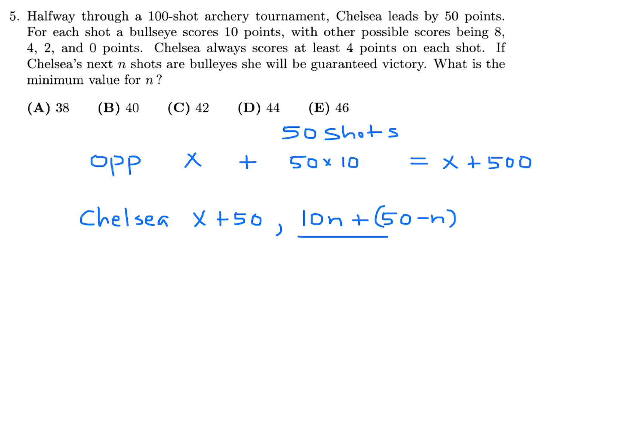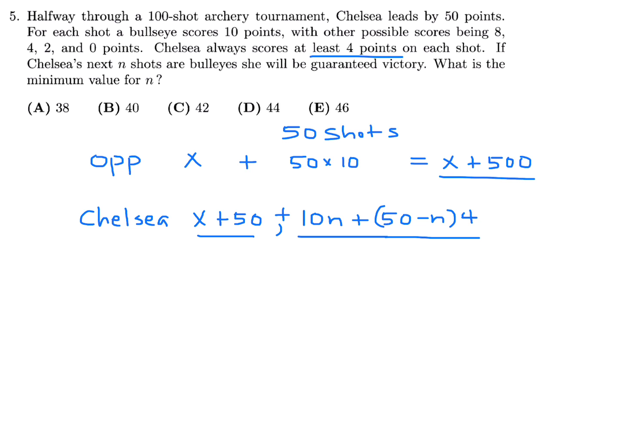And for those, she will get at least 4 points. They tell you that in the question. So we multiply that by 4. So this is what we have to show, that this plus this has got to be greater than that.